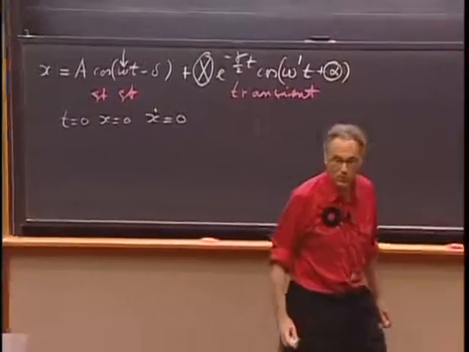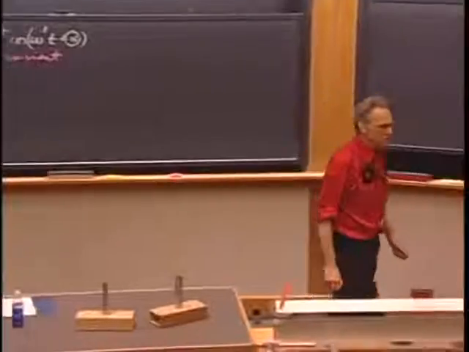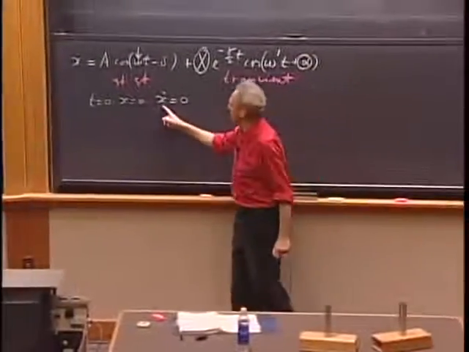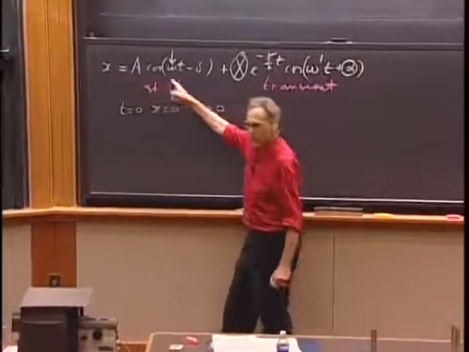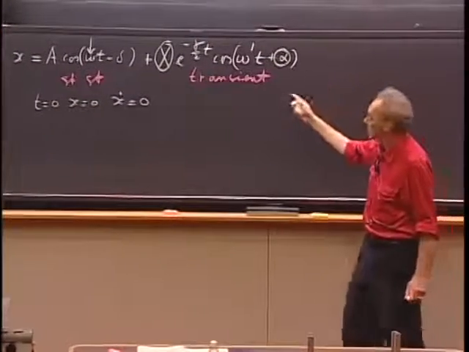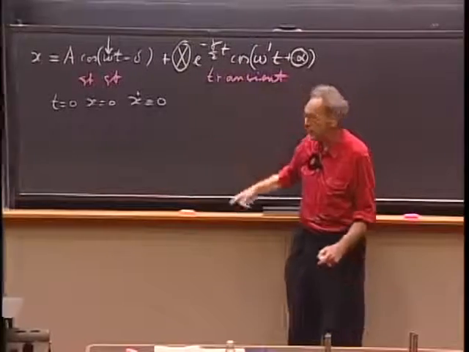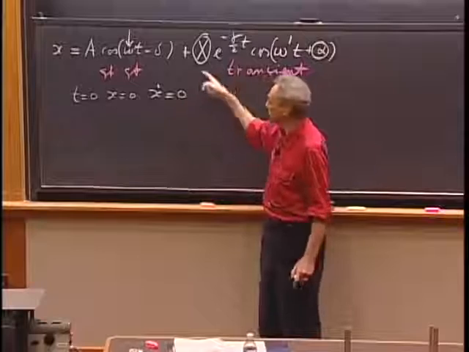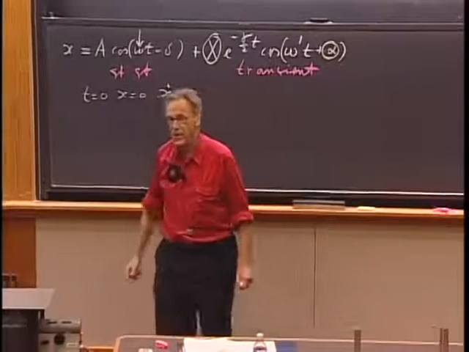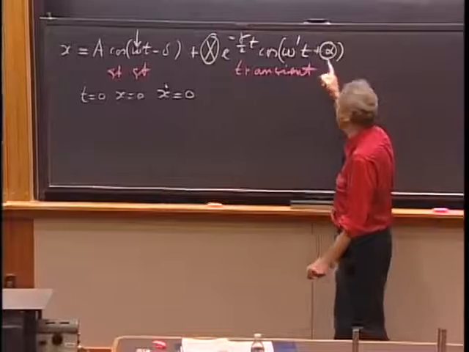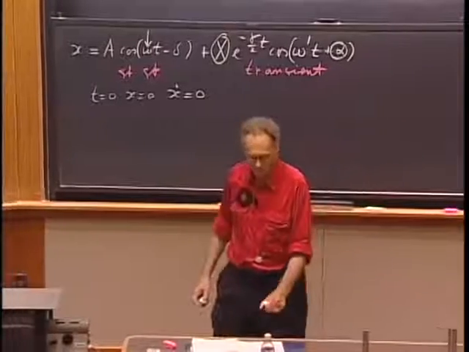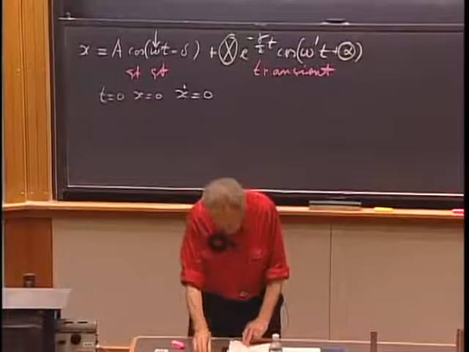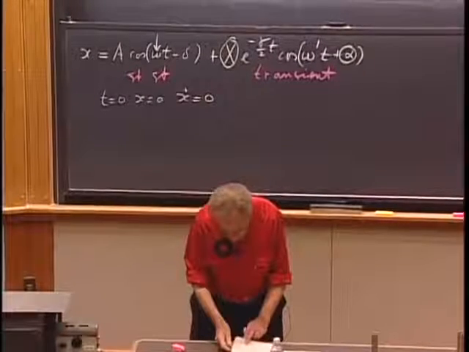Would be a very nice thing to do, but it would take you 15 minutes of grinding, not so fast, because remember, if you have an x dot, you have to take the time derivative of this entire function, and you have a t here, and you have a t there, and you have to substitute in there time t equals 0, and then you have to make that equal 0, and it takes you 15 minutes, and out pops indeed a value for x and a value for alpha. You haven't learned much physics when you do it, but you've learned some algebra. And so I've decided not to spend my time on doing that.